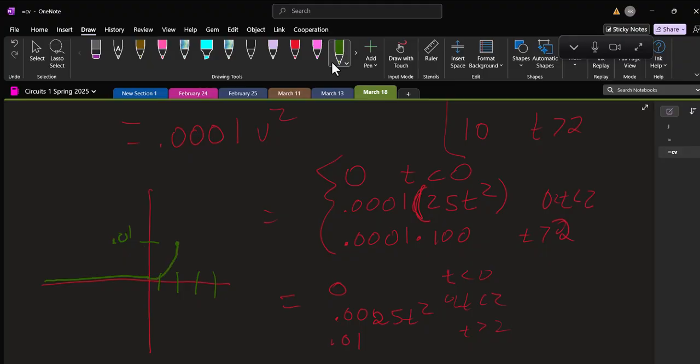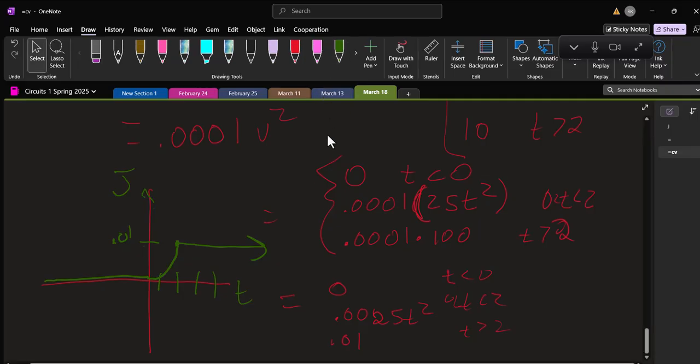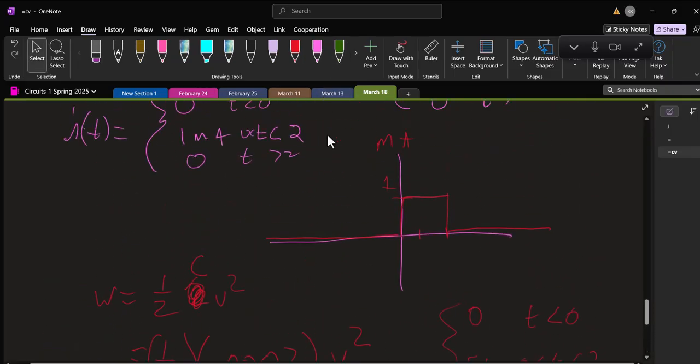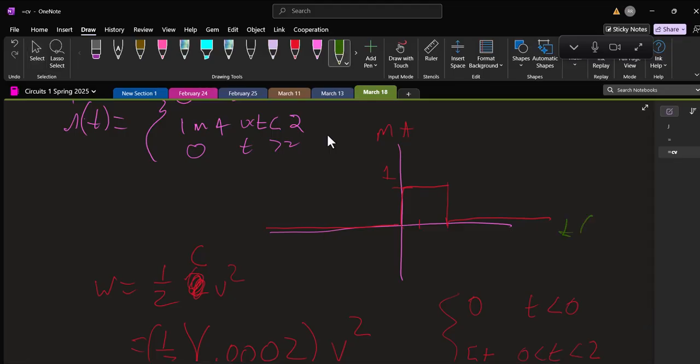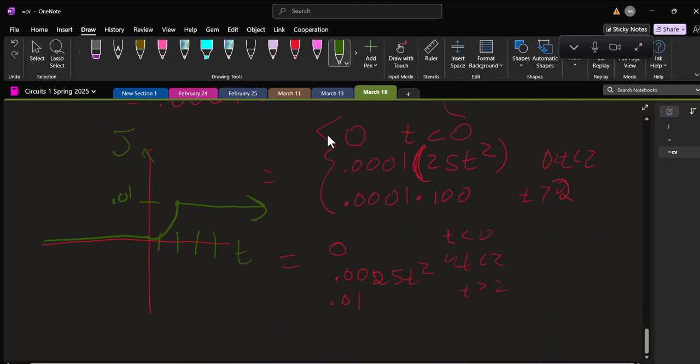So it's kind of parabola shaped, and it goes up to 0.01, and then it's just 0.01 after that, which makes sense because at that point the voltage is constant, so its energy is constant. This is going to be in joules, and this is time. And my current graph, I think I labeled it milliamps. I didn't label time in seconds.